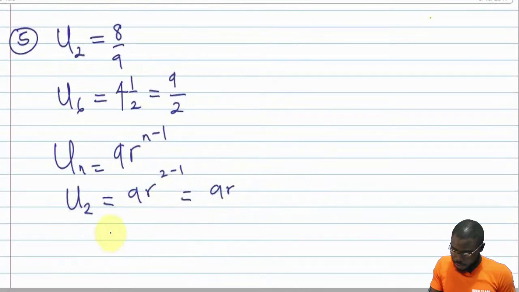So let me write it simply as U2 equals AR. I call that equation 1.